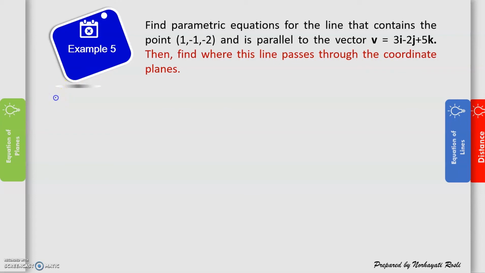For the first thing the question asks, the parametric equation, we know that the parametric equation is in the form x equal to x naught plus at, y equal to y naught plus bt, and z equal to z naught plus ct.